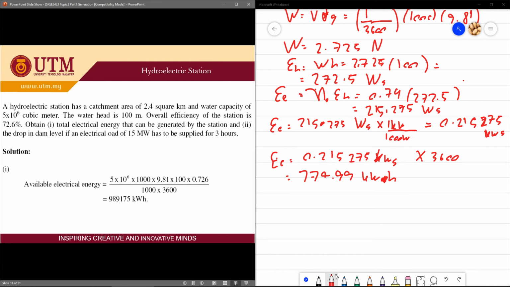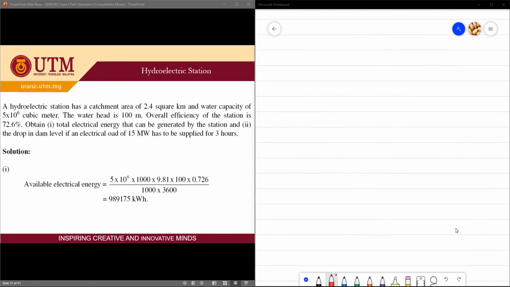This is example 3. For this question, it requires you to use a little bit of logic. Let me show you. A hydroelectric station has a catchment area of 2.4 kilometer square. This is the reservoir area.